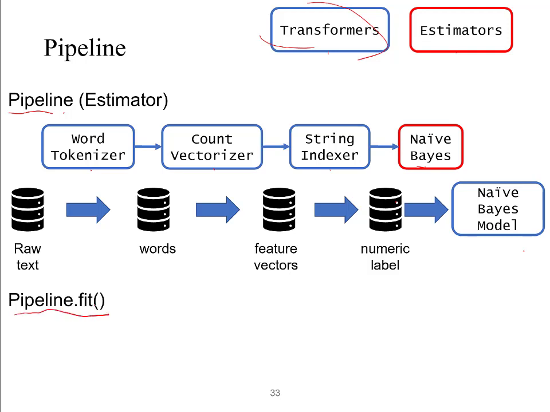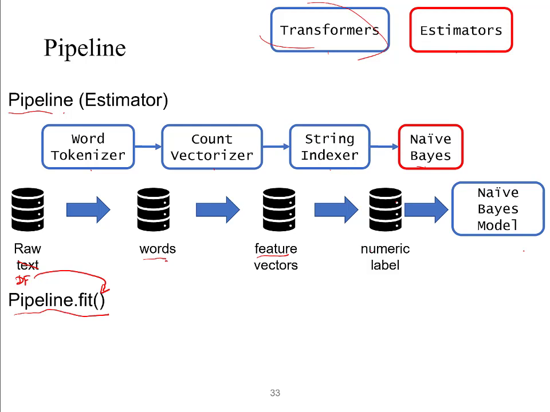And when we call pipeline.fit, the raw data frame acts as the input of pipeline.fit. It will go through the word tokenizer, where you get the words. Then through the count vectorizer, you will get the count of these words as feature vectors.